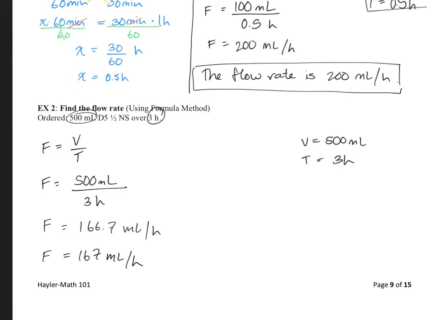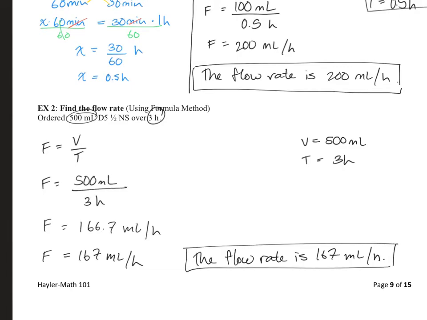Well, if 500 milliliters is divided by 3 hours, it equals 166.7, rounded to 167 milliliters per hour. Yeah, makes sense. So our answer is the flow rate is 167 milliliters per hour. And box our answer. Awesome.